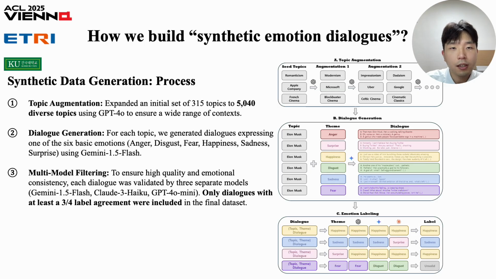This gave us a massive initial pool, but quantity isn't enough. So, third, multi-model filtering. We used 3 different models as judges. A dialogue needed at least 3 out of 4 agreements to be included, ensuring high emotional purity. This gave us a robust dataset for our analysis.